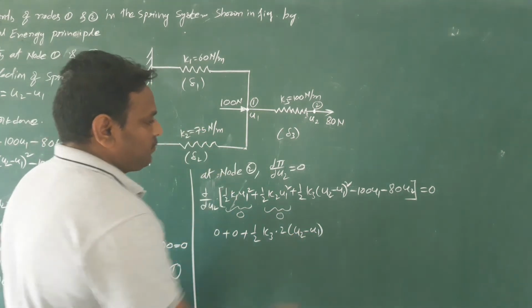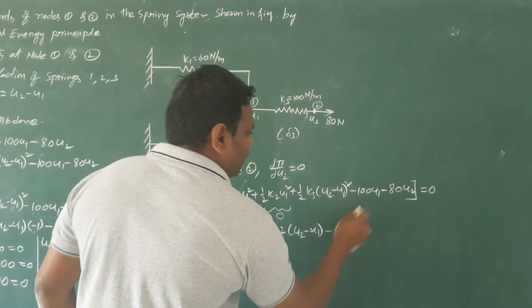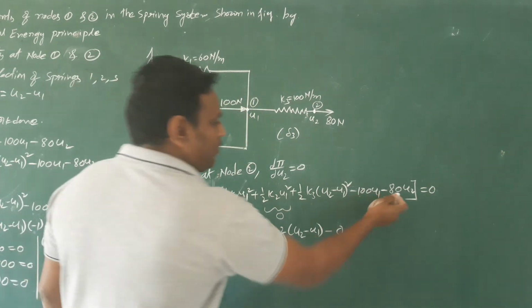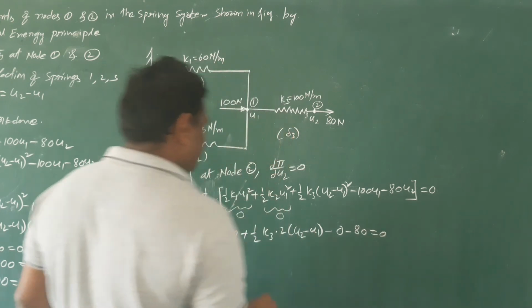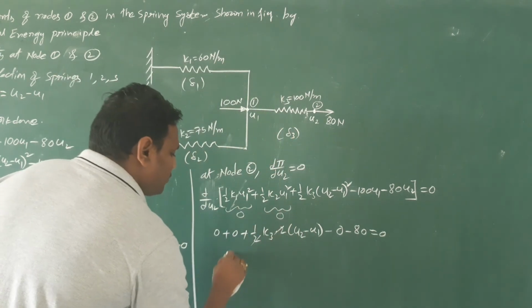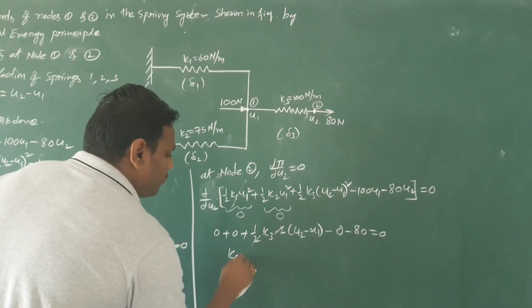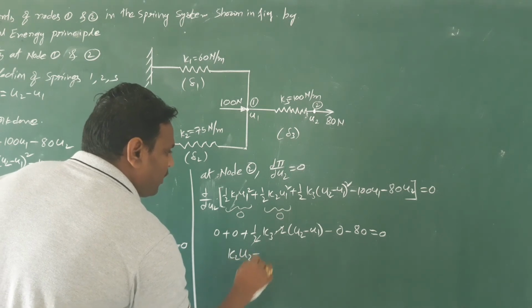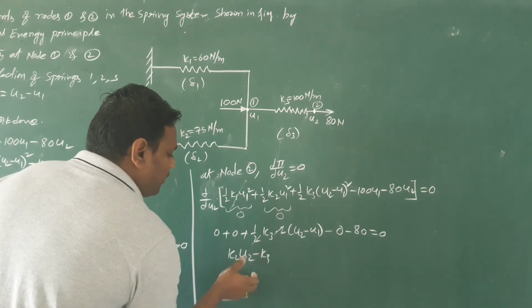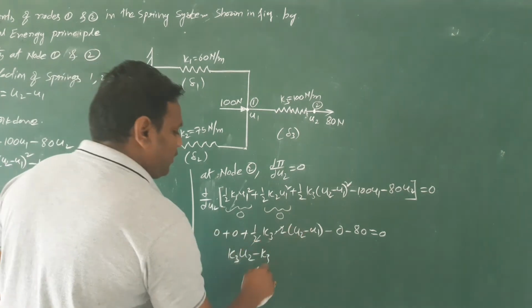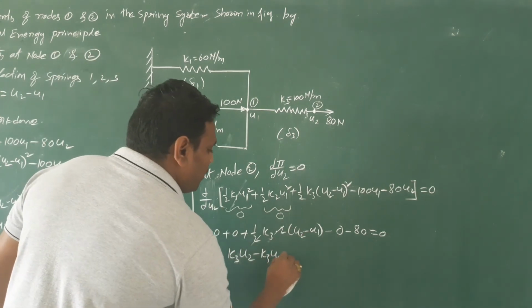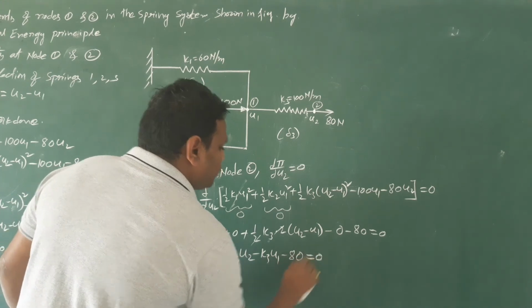The 100 u1 term becomes 0 because there is no u2. Here u2 is there, that gives 80. It is equal to 0. Finally, 2 is constant and cancels: k3 into u2 minus k3 into u1 minus 80 is equal to 0.